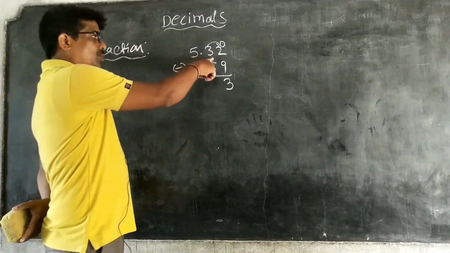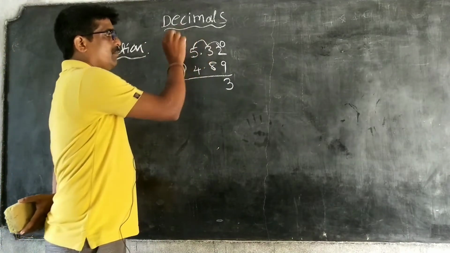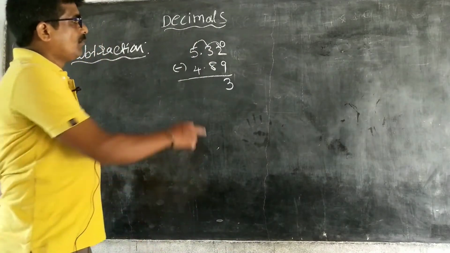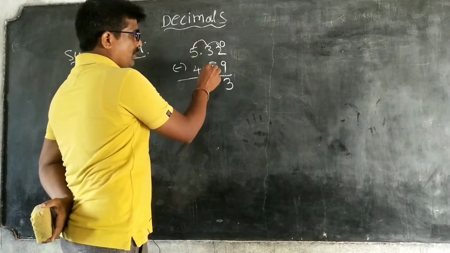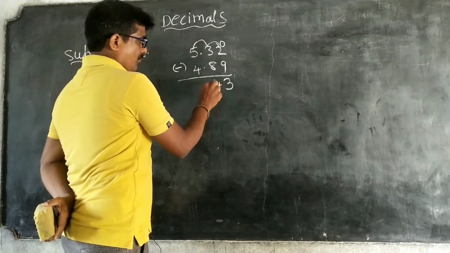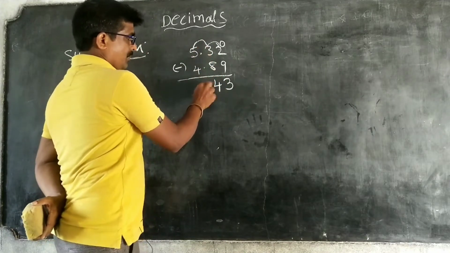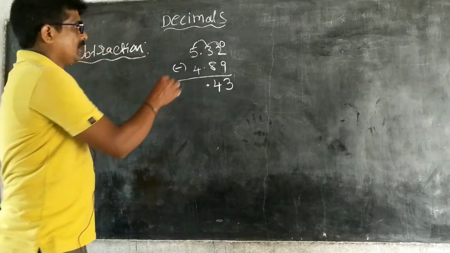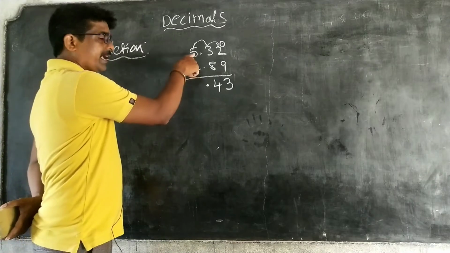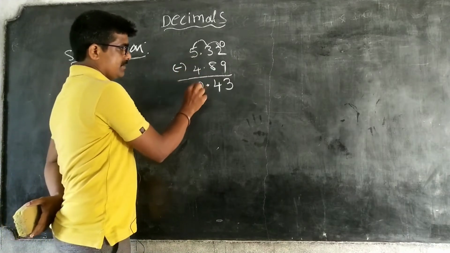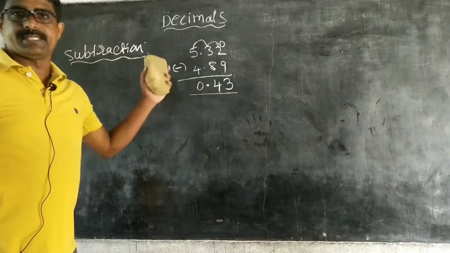After here I have 2 only, here 8. So again borrow. So here 4. 2 and plus 12, 12 minus 8, that is equal to 4. The point as it is you have to keep, whenever you have to. Next 5.5 minus 5 under 4 only. 4 minus 4, 0. Simple thing.